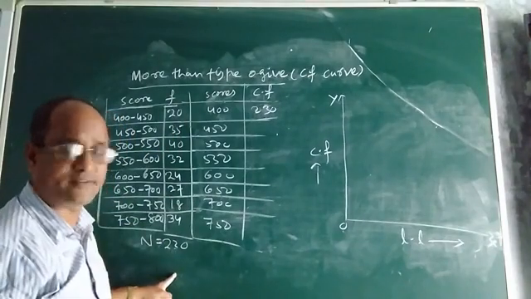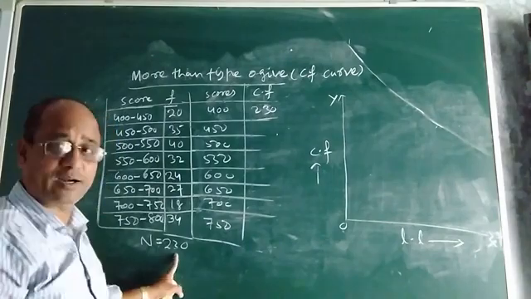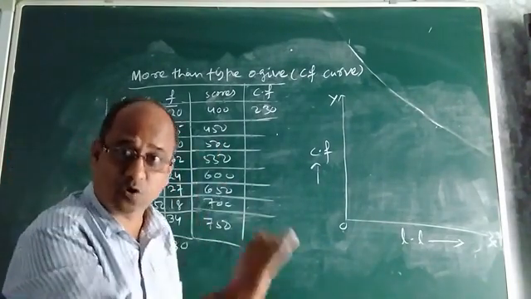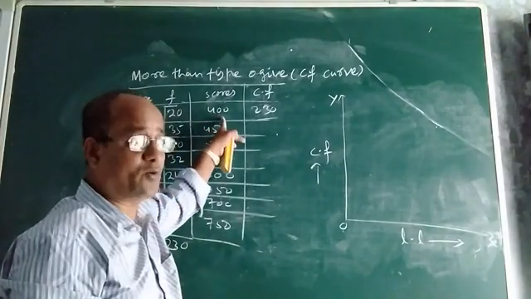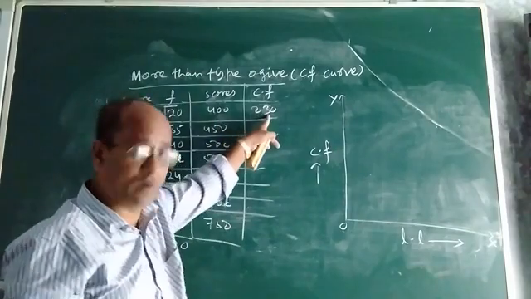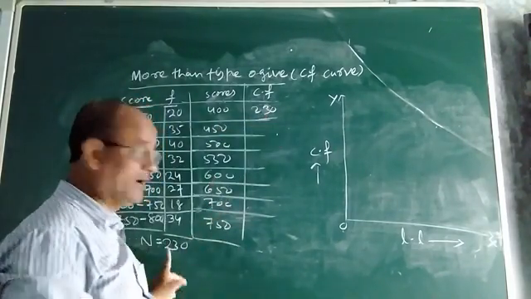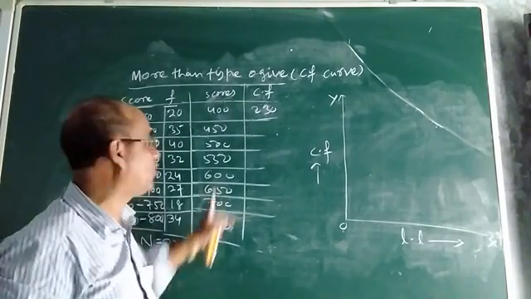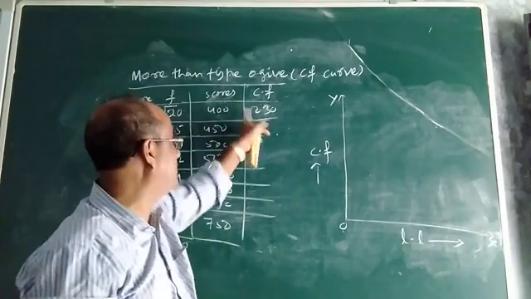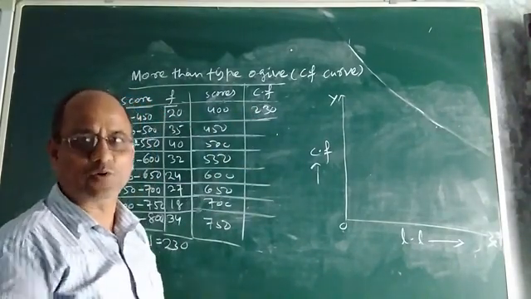Definitely all these students, 20, 35, 40, 32, all these 230 students have scored more than 400 marks. So no doubt the cumulative frequency of 400 will be 230.